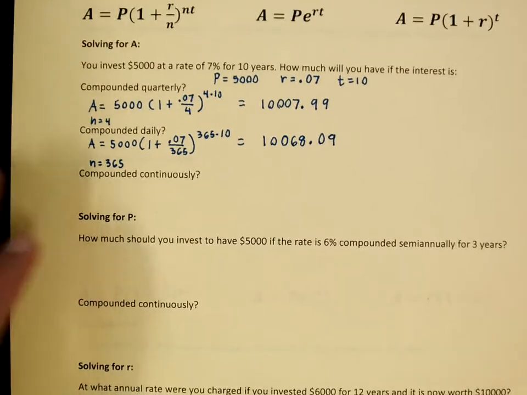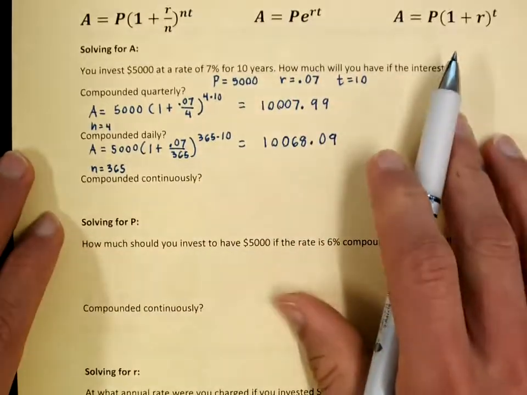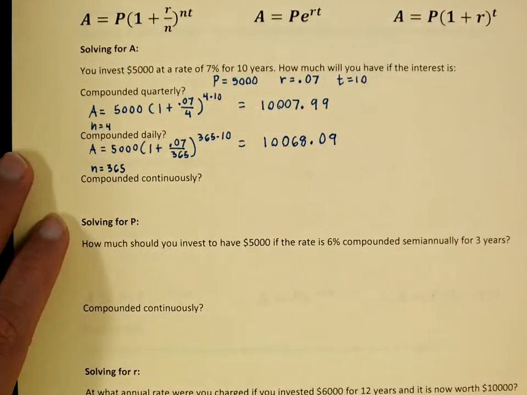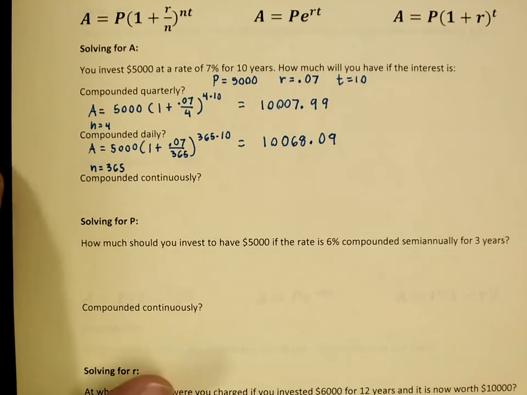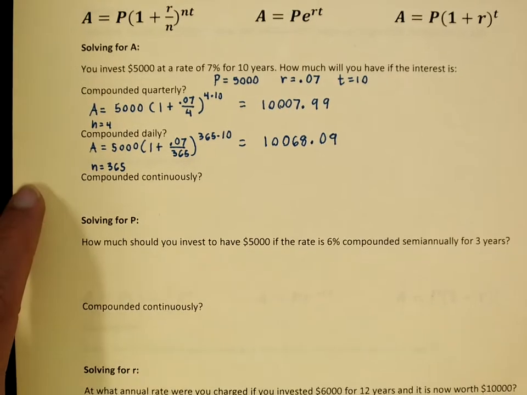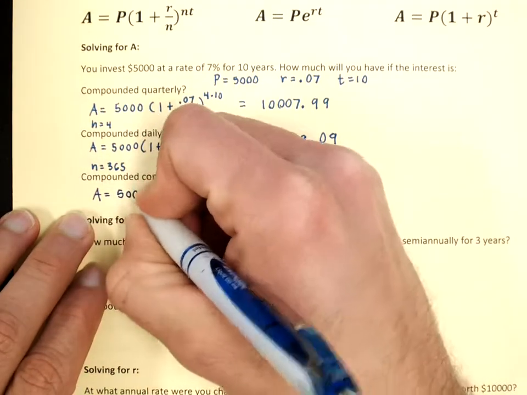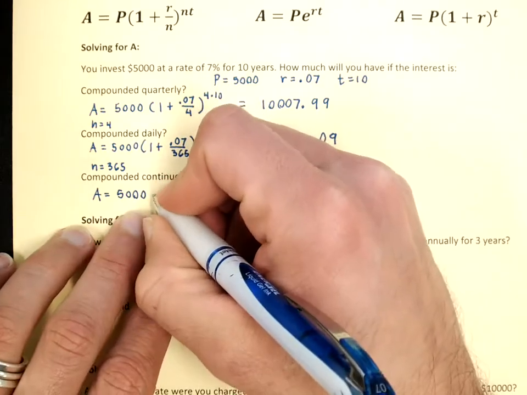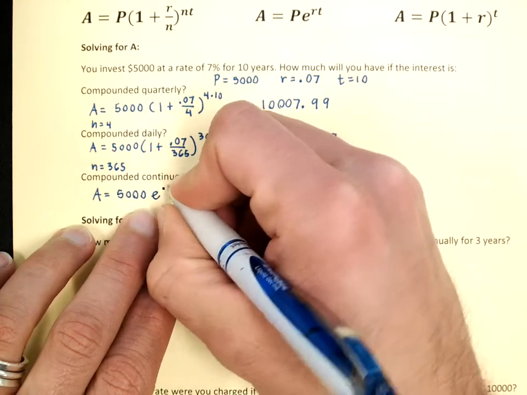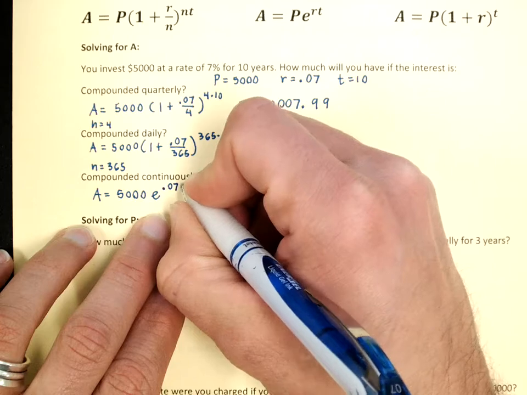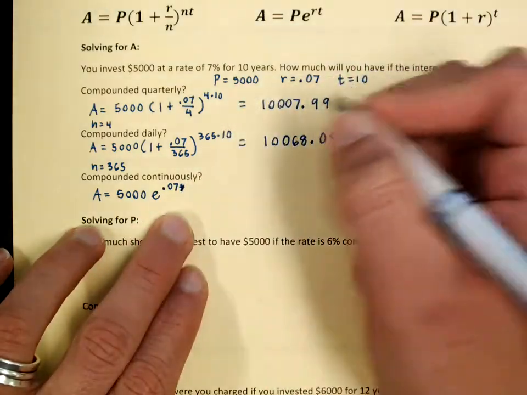Finally, if it's compounded continuously, you have to use this other formula. A is equal to P E to the R T, PERT, if you will. I don't like the name PERT. I think I just call it A equals P E to the R T. So for compounded continuously, we have A is equal to 5,000 times E, R is 0.07, T is, what is T? 10.